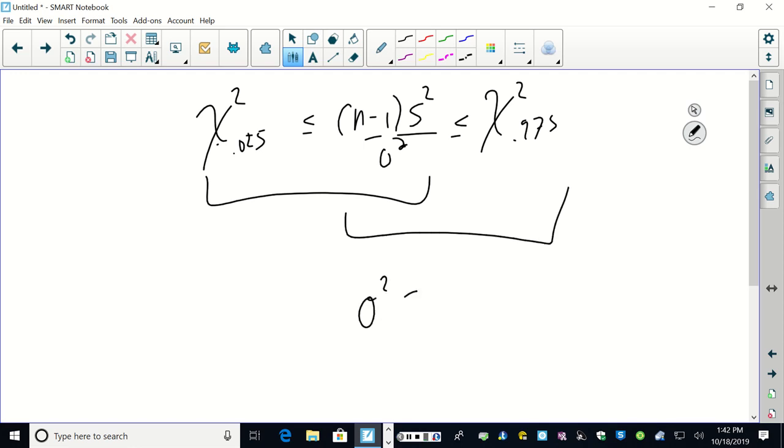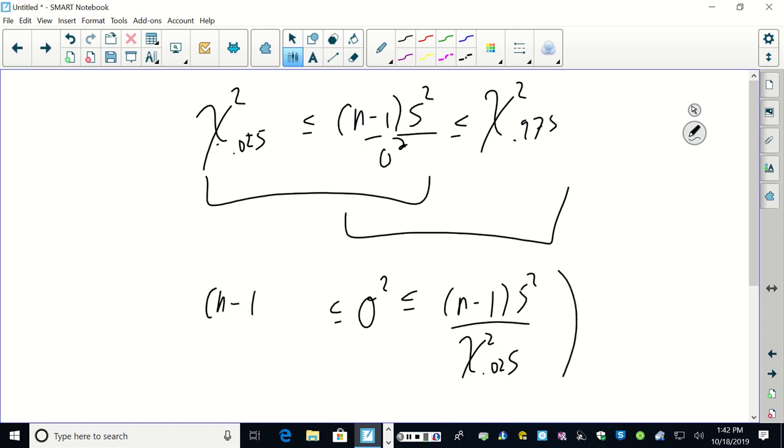So with sigma squared in the middle, you have n minus 1 s squared over the chi-squared point, and the one you divide by on this side is the smaller point, 0.025. This one works out to be the larger one over here. And so that probability, when you adjust things, is 95%.